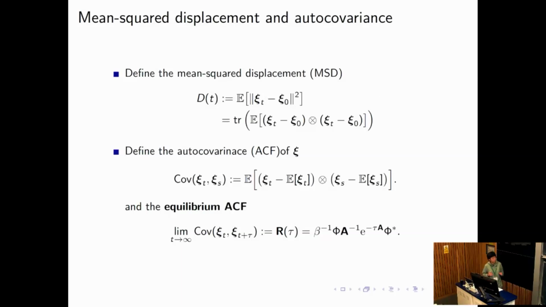And here, we consider the mean squared displacement, which is defined here. We are specifically interested in the equilibrium ACF. That means we keep the time lag tau fixed, but let the observation time window go to infinity.